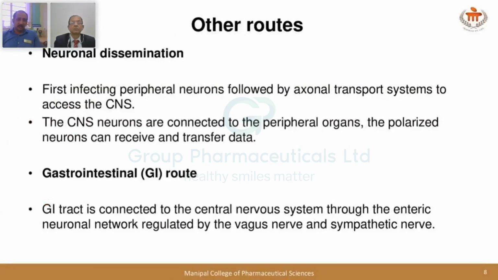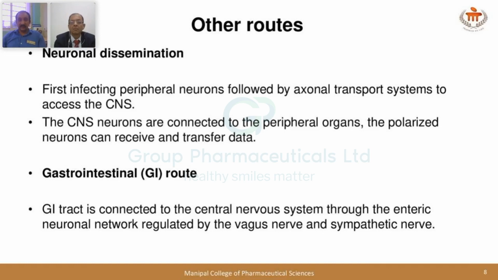The two other routes which affect the CNS are the neuronal dissemination and the gastrointestinal route. As you can see, the neurons have paramount importance because the neurons can receive as well as transfer data. Because of the axonal transport system, the virus can pass from the periphery through the peripheral neurons to gain access into the CNS.